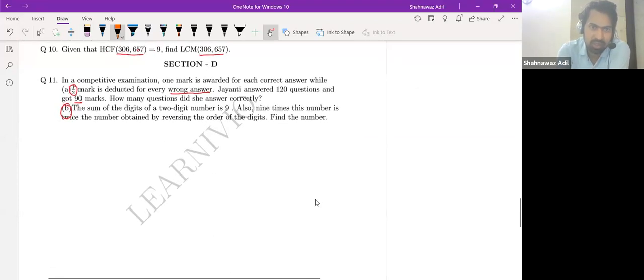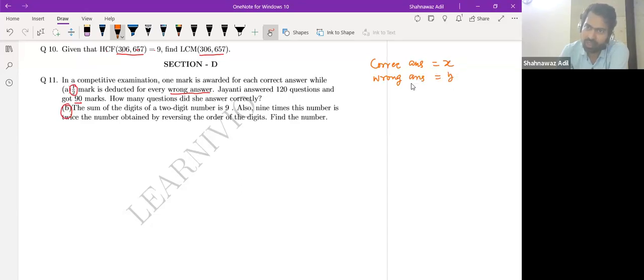So in this question, Amira, you stopped in the middle. You were correct, but you didn't solve this portion. So we have assumed that the number of correct answers is X and wrong answers are Y. So the total attempted would be X plus Y, and this is 120. So this was the first equation everybody got.